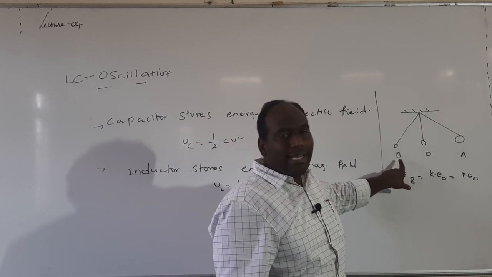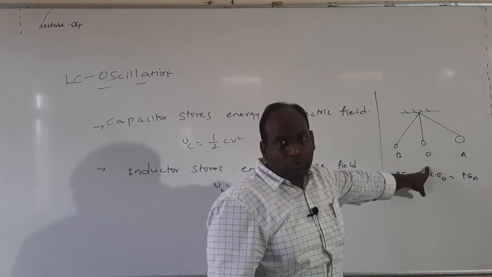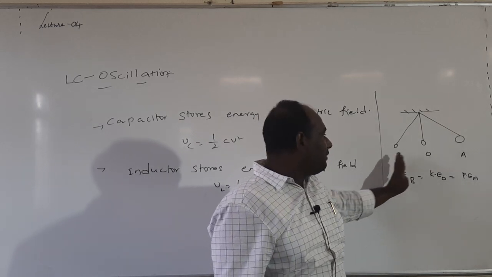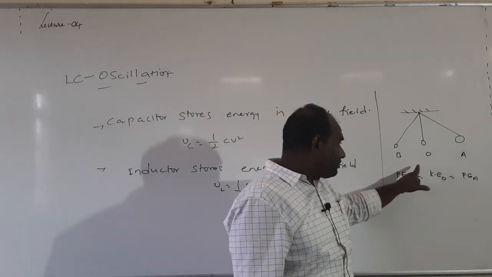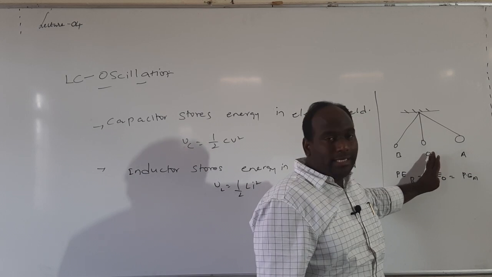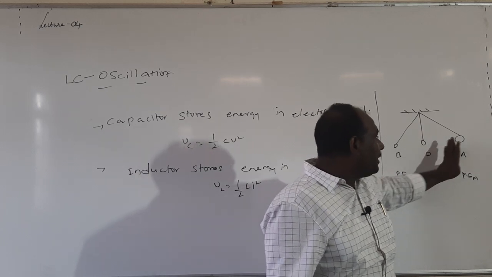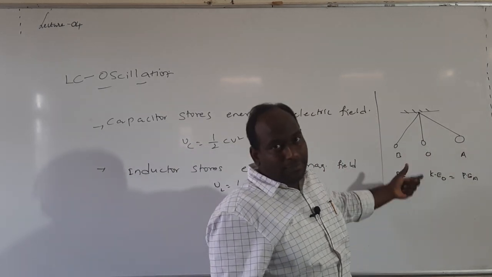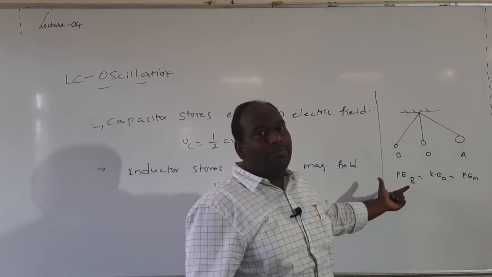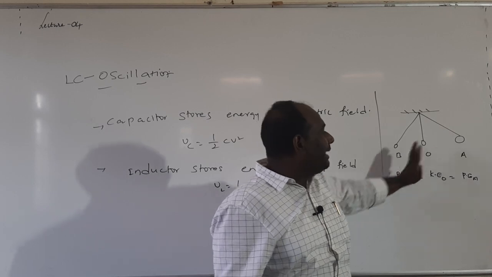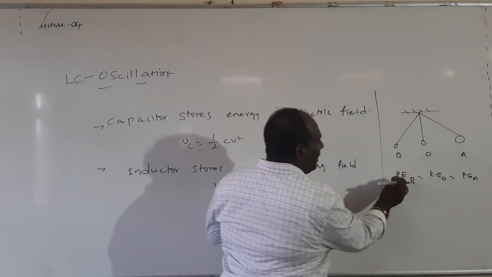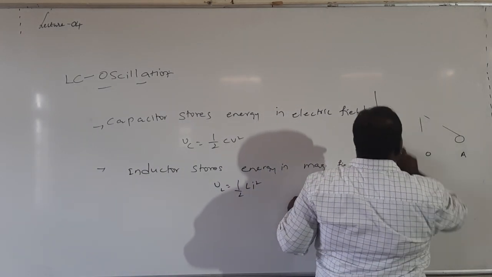Once it reaches O, the total potential energy is converted into kinetic energy, but the magnitude of energy remains the same. Then total kinetic energy is converted into potential energy. So energy is converted from potential to kinetic, but the magnitude of energy at any position remains constant.